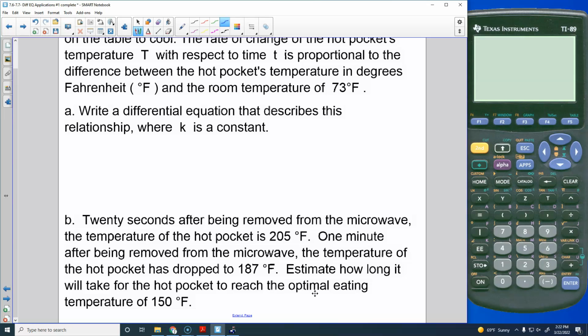Whenever we did our experiment, we did try to decide what the optimal eating temperature was. We thought 150 was actually pretty good, because if you think your body temperature is 98.6, so something's going to have to be hotter than 98.6 for you to feel like it's hot. 150 was pretty good, although Joe Gallion felt like the men could take a little bit hotter than that.